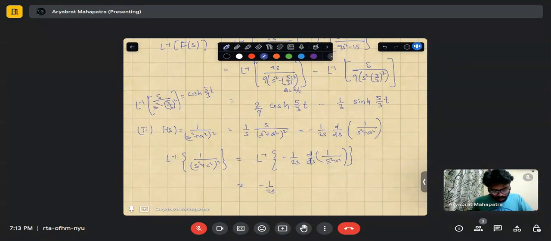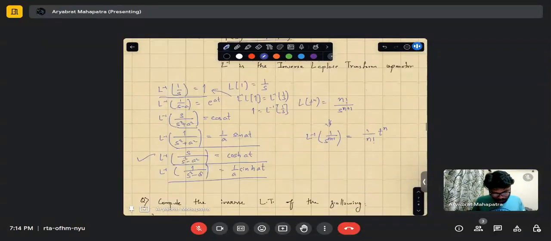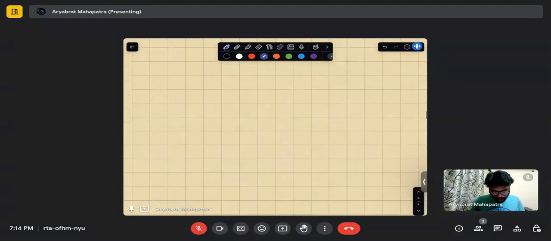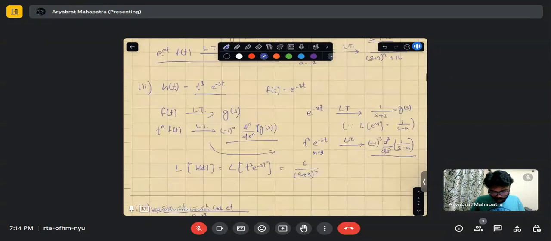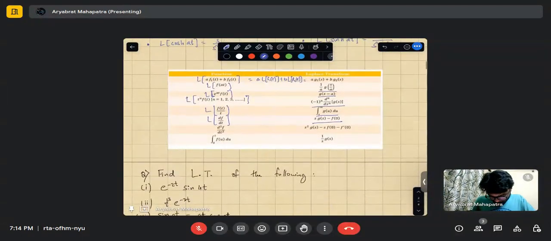Derivative means multiplying by t to the inverse Laplace transform of 1 over s squared plus a squared. So I am using the property which I showed you initially. Here I forgot to write it.